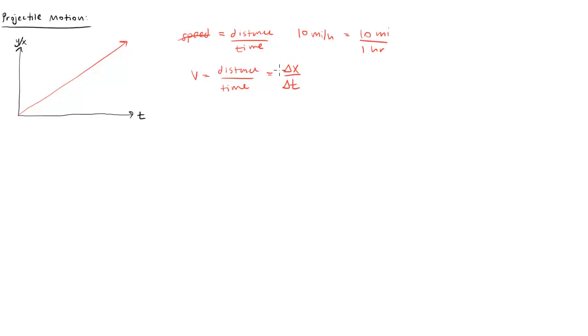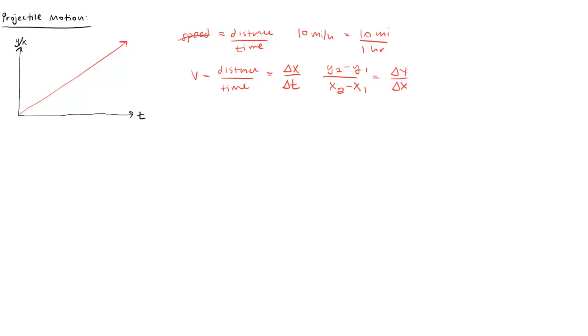And that's basically slope, right? Slope is y2 minus y1 over x2 minus x1. You can also write that as delta y over delta x, your change in y over your change in x.